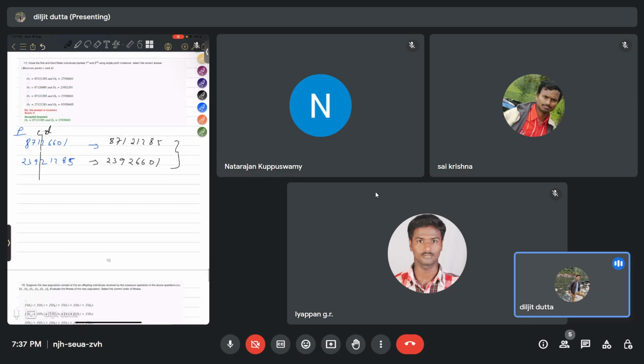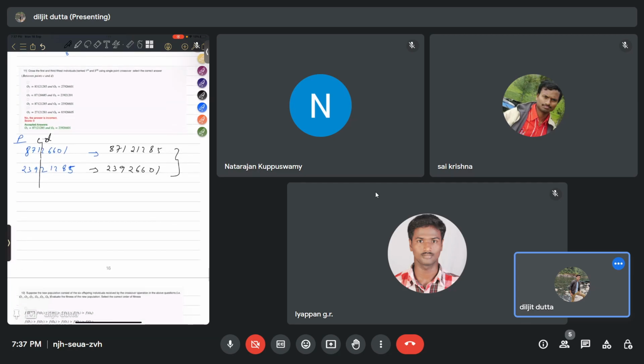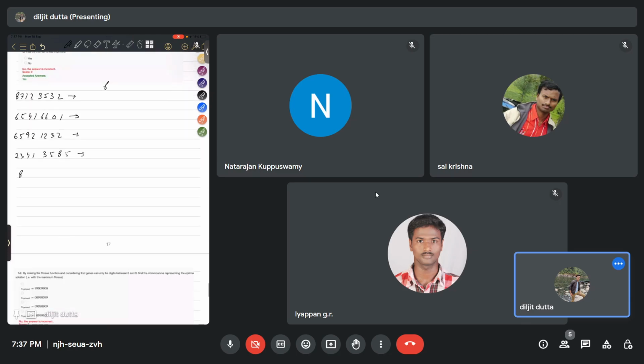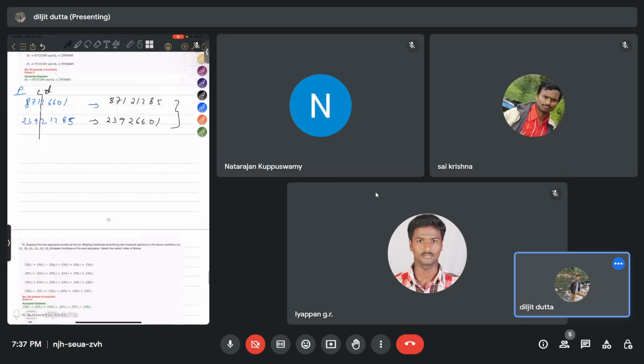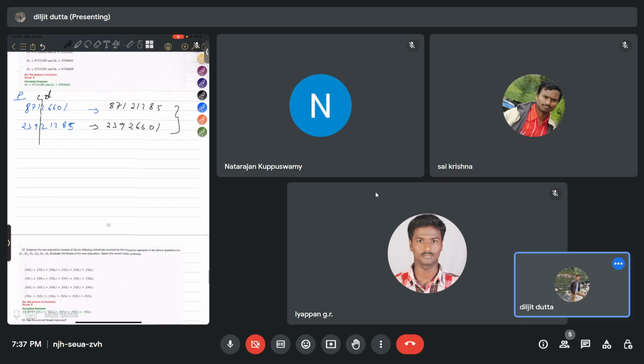For the last crossover we have 8712 1285 and the last one is 2392 6601.